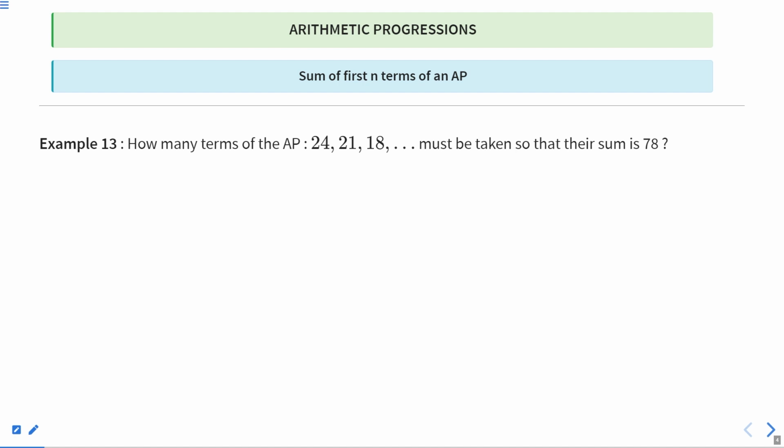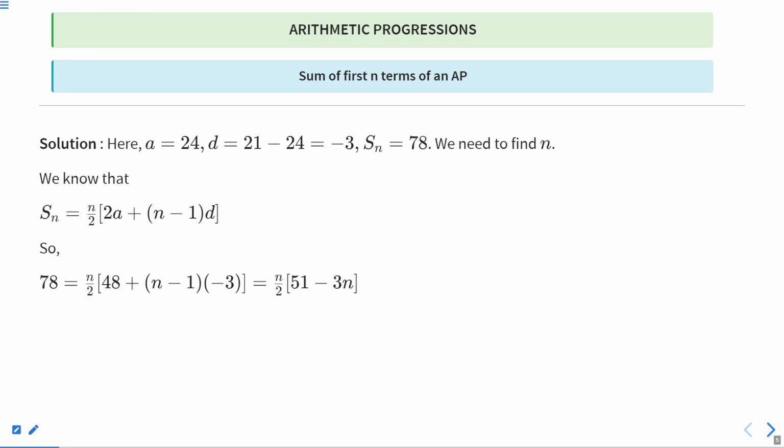Here the first term a is equal to 24, and the common difference d is 21 minus 24, that is equal to minus 3. We consider the sum of first n terms Sn equal to 78, and we need to find the value of n.